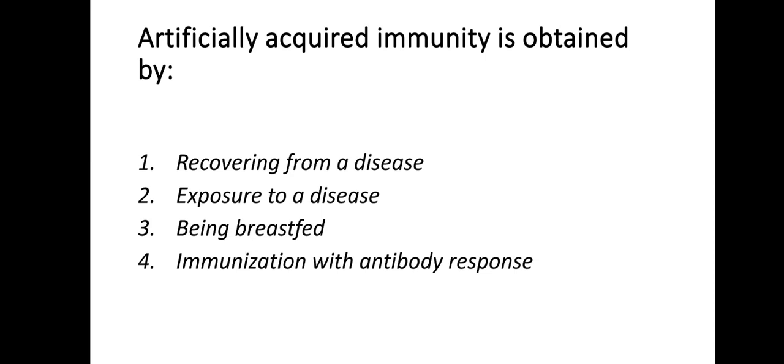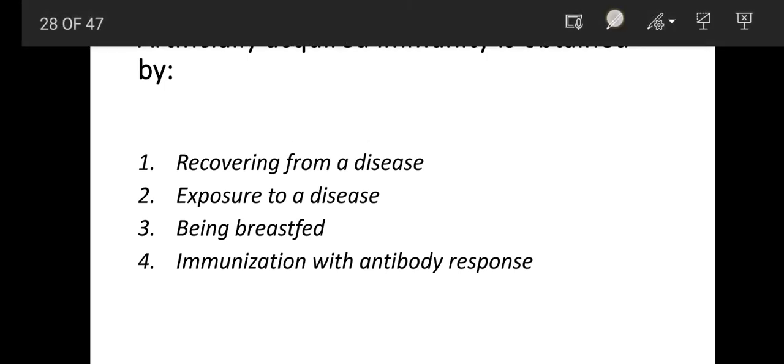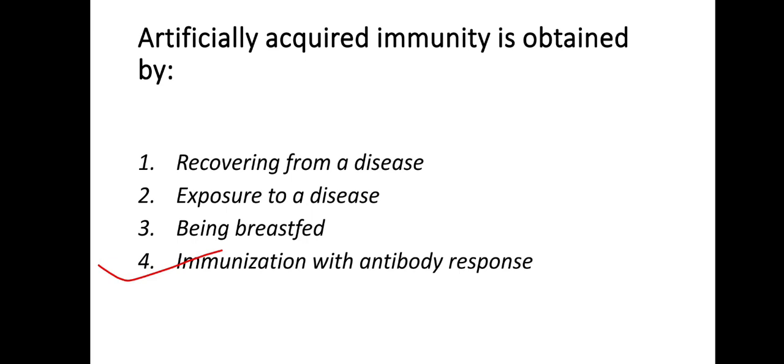Next is natural active immunity, which we get after exposure to a disease or recovering from a disease. So here the answer will be what? Artificially acquired immunity comes under immunization with the antibody response. One more is there: antisera and antitoxins. These come under artificial passive immunity.